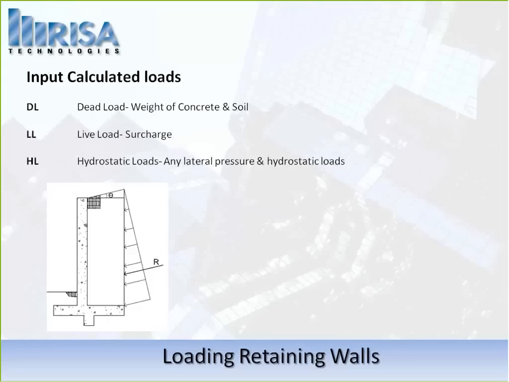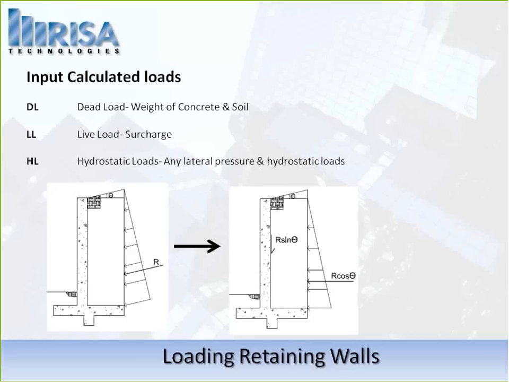The force is going to be broken into the cosine applied horizontally as a pressure, and then we're also going to break the vertical loads into the sine, and that's going to be lumped onto the top of that wall. So this picture shows us how the backfill gets reduced into two different types of forces, the sine and the cosine. So we're going to apply those directly to the wall.